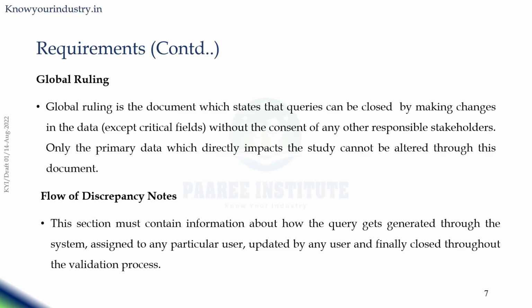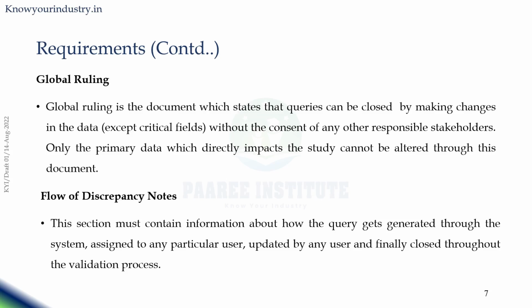Global ruling. Global ruling is a document which states that queries can be closed by making changes in the data, except critical fields, without the consent of any other responsible stakeholders. Only the primary data which directly impacts the study cannot be altered through this document.